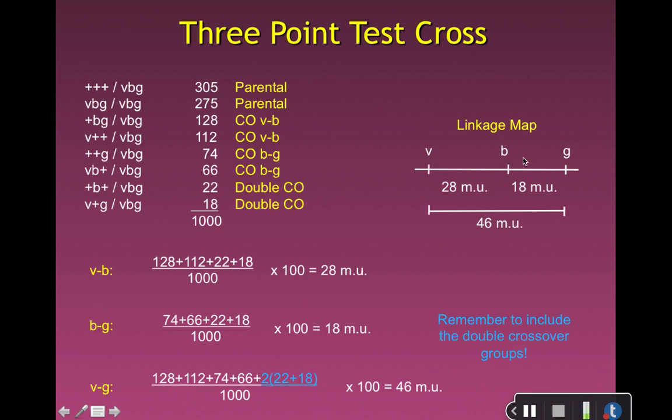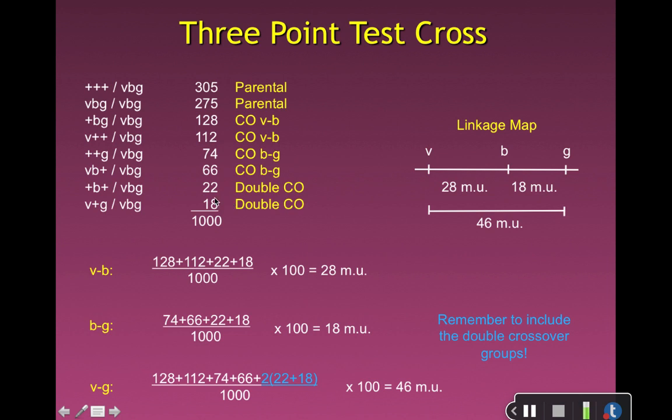If we want to know the distance between V and B, we add up all of the recombinants that represent crossovers between those 2 alleles. So look at our data and identify those crossovers between V and B. We'd say, okay, 128 plus 112.